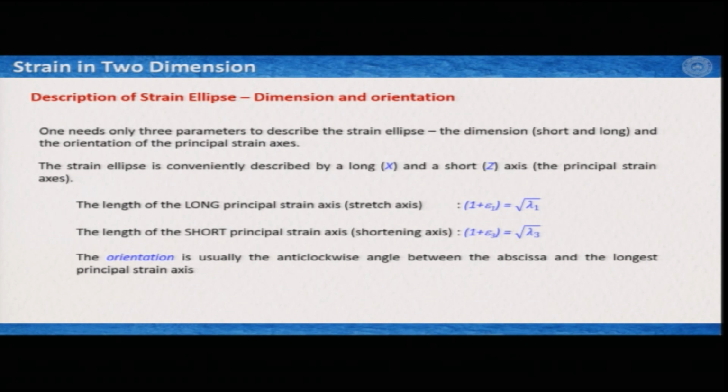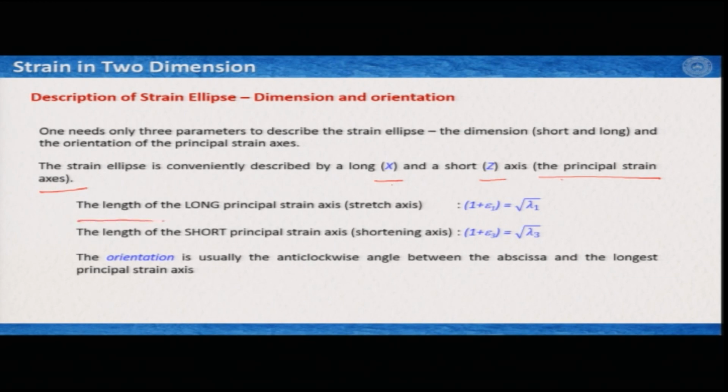In our example, we will use x and z. You can ask where is y. Now, y we kept for 3-dimensional deformation. And we will see later that these x and z directions are actually your principal strain directions.